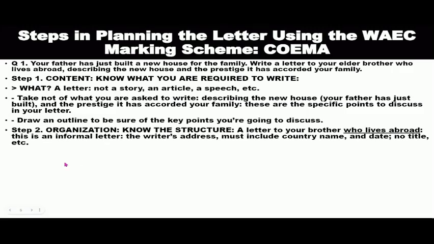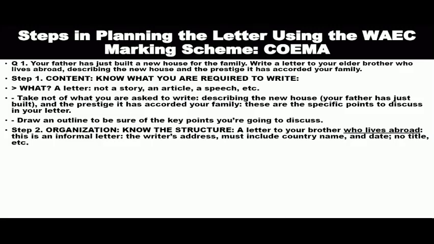Step number 2, you consider organization. Organization has to do with knowing the structure of what you are to write. A letter to your brother who lives abroad. This is an informal letter, and therefore the writer's address must include country name, and then this will be followed by the date.